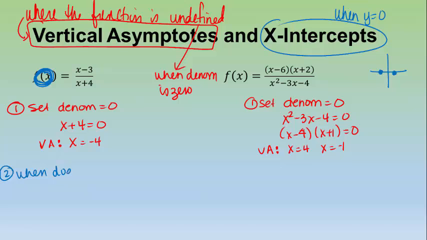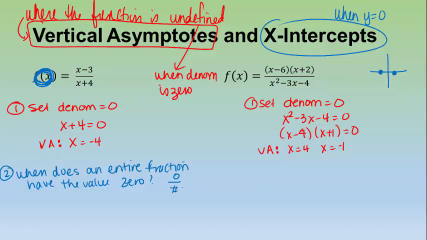When does an entire fraction have the value 0? And the answer to that is when the numerator is 0. Think about slope. The slope is 0 when the numerator is 0. So it doesn't matter what's on the bottom.